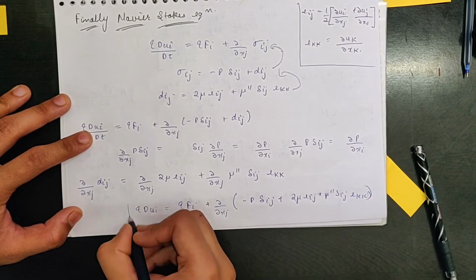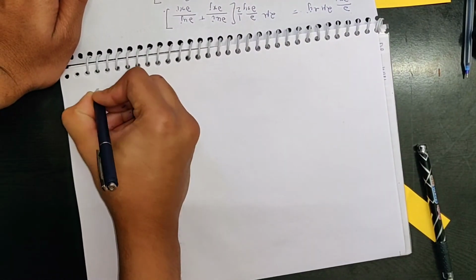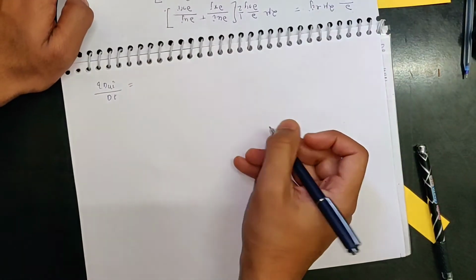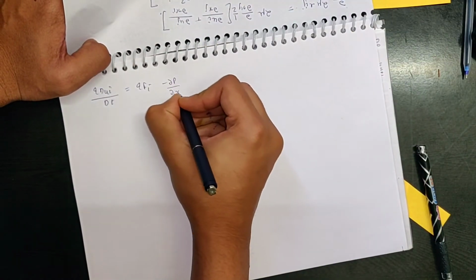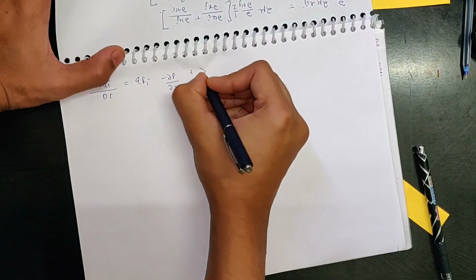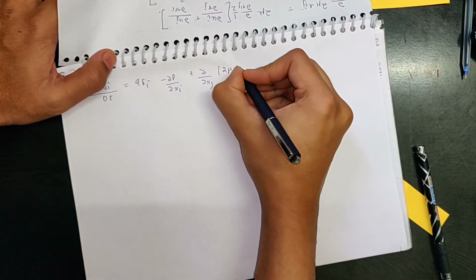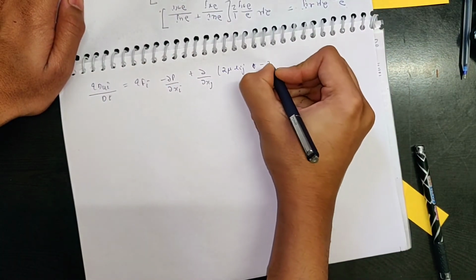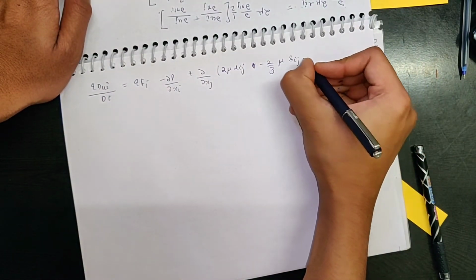The generic expression of the Navier Stokes equation would be this only, or in better terms I can write it as rho dui by dt is rho fi minus del p by del xi plus del by del xj of 2 mu eij plus minus 2 by 3 mu delta ij ekk.